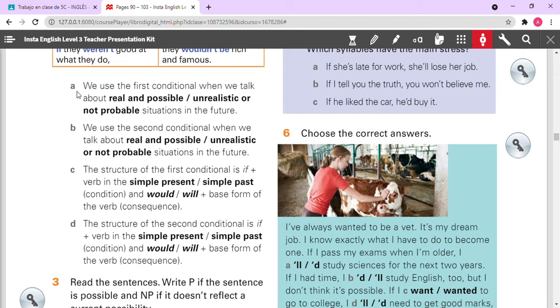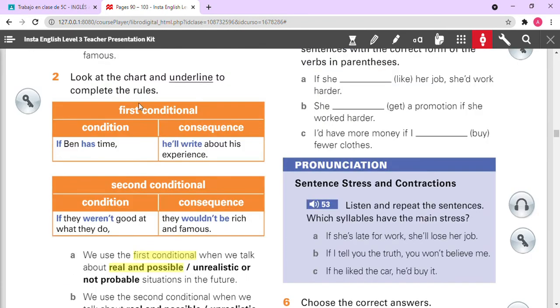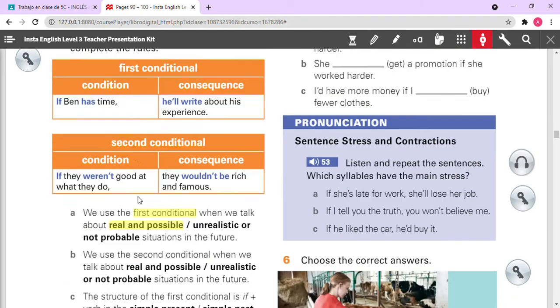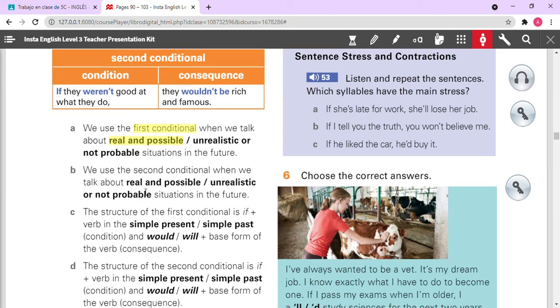Of course, first conditional with real situations. Excellent. Now let's continue. Letter B. We use the second conditional. Remember, first conditional, second conditional. We use the second conditional when we talk about unreal or not possible situations in the future.